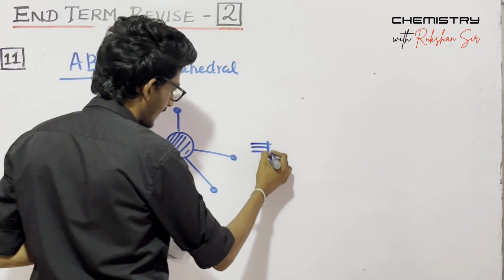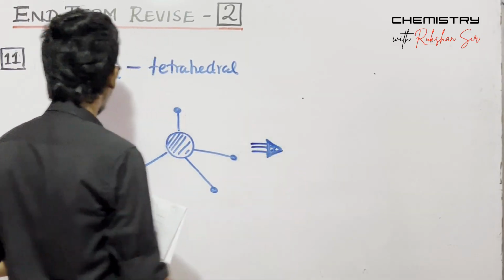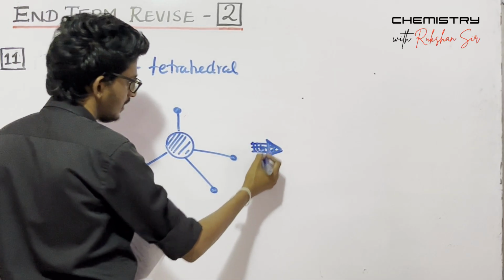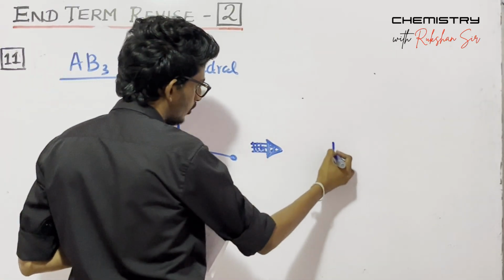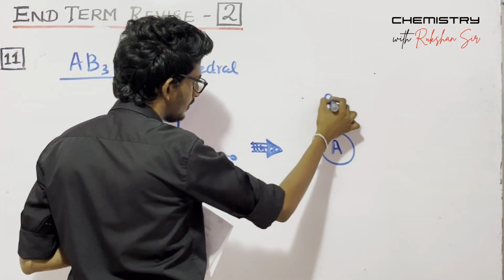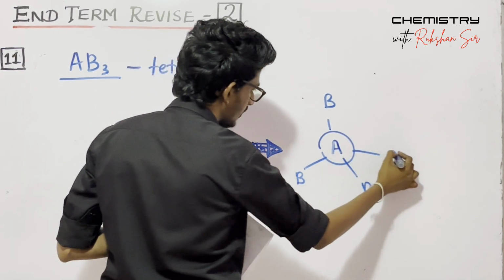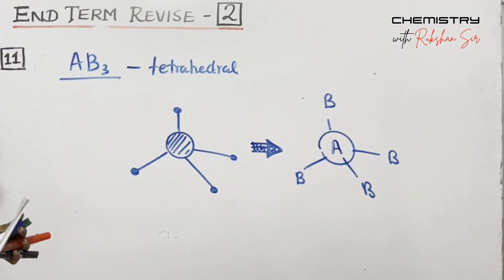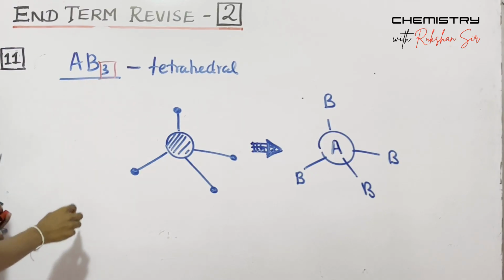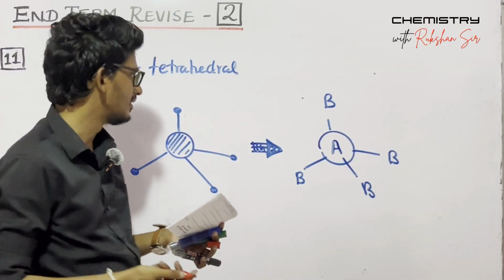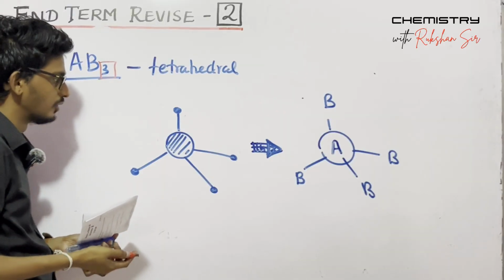That means you can't have AB3 with a tetrahedral shape. So it should be AB4 if it occurs with a tetrahedral shape. So the statement says it is a tetrahedral AB3, right? From that point, the statement is false. If the shape around the atom A of AB3 is tetrahedral, no, it can't be.